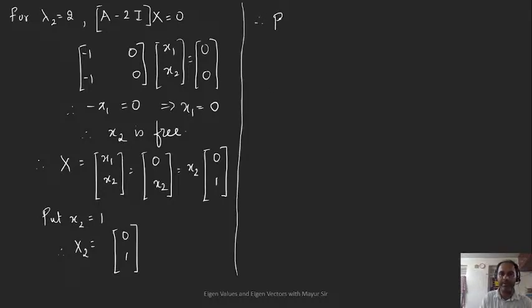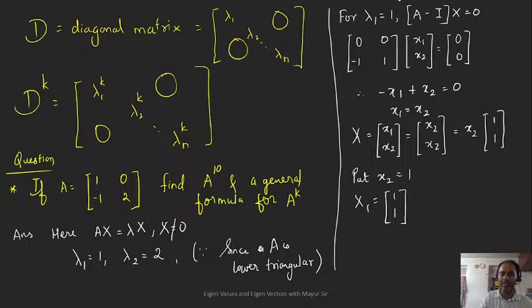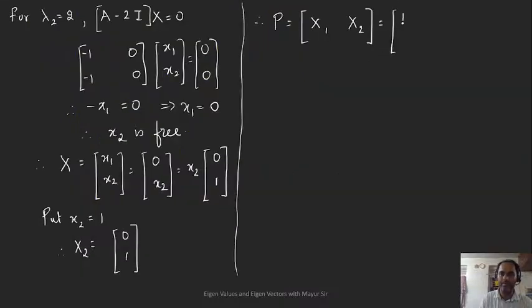Therefore P, which is made up of x1 x2, we calculate that. So our P is 1 1, and this is 0 1. This is our matrix P. And now if we calculate our P inverse, it is basically 1 1 minus 1 and 0.